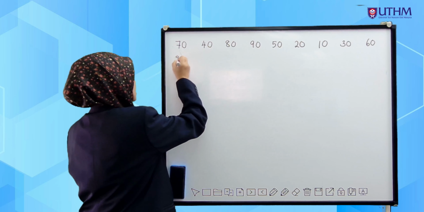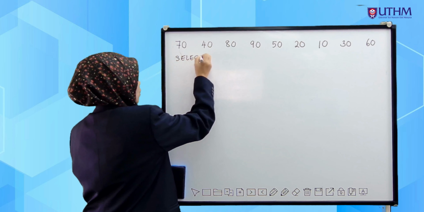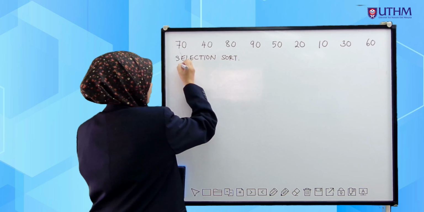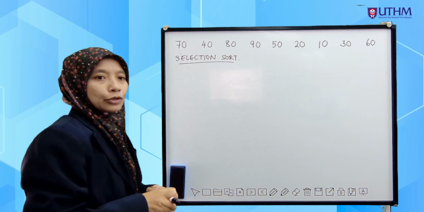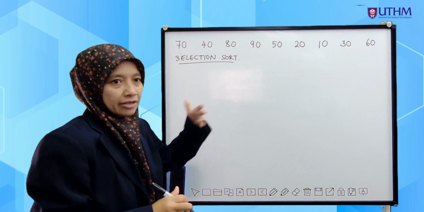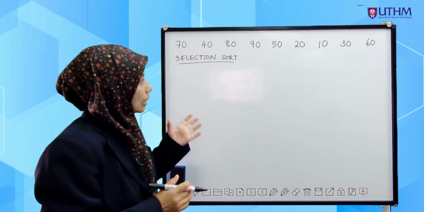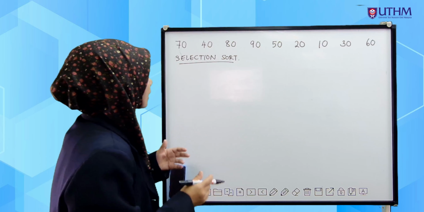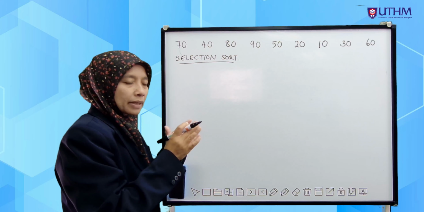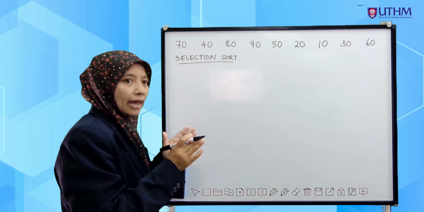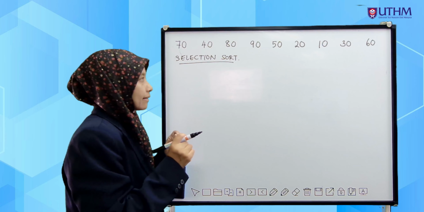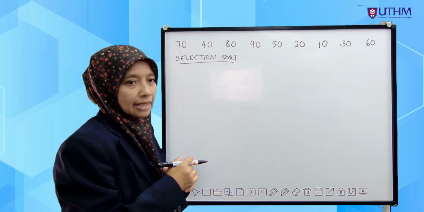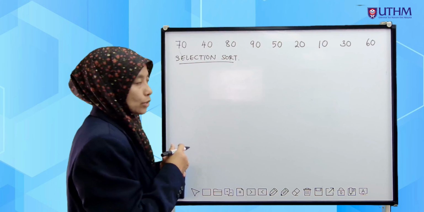This is the application of what we call selection sort. Note that in every iteration, or I would prefer to call it every pass, there are some steps that you have to understand in order to sort these values in ascending sequence.